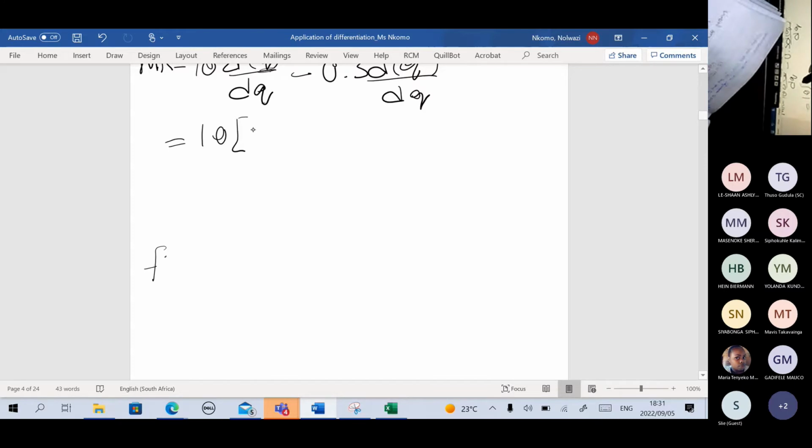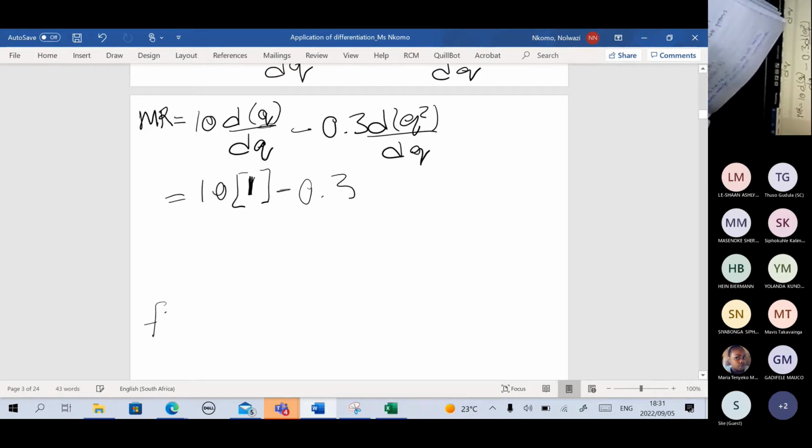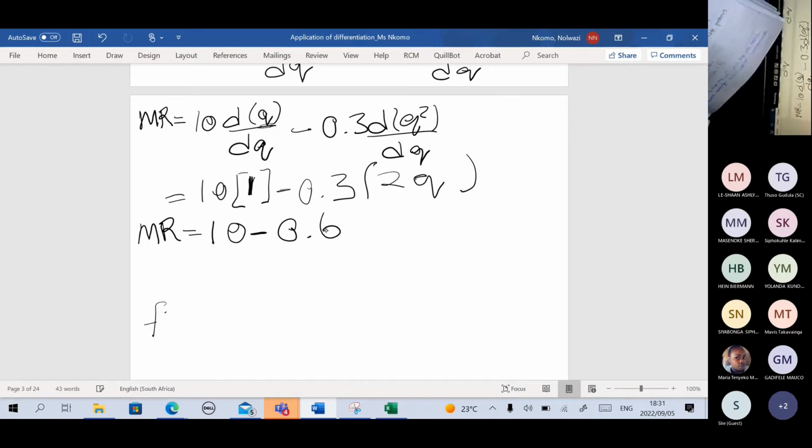Yes, it is 1, right? Then minus 0.3. What is the derivative of Q squared with respect to Q? It's 2Q, right? So this means our marginal revenue in this case is equal to 10 minus 0.6Q, right?